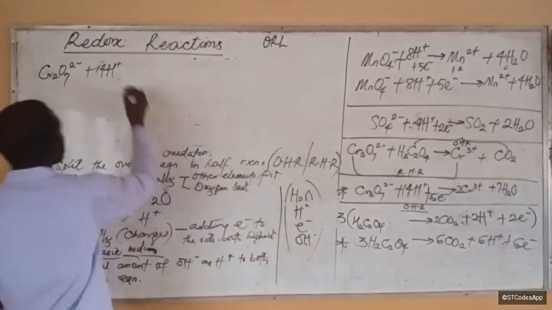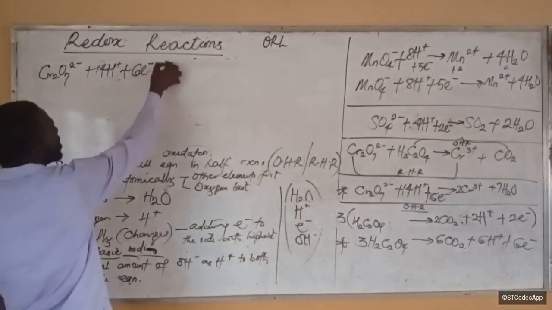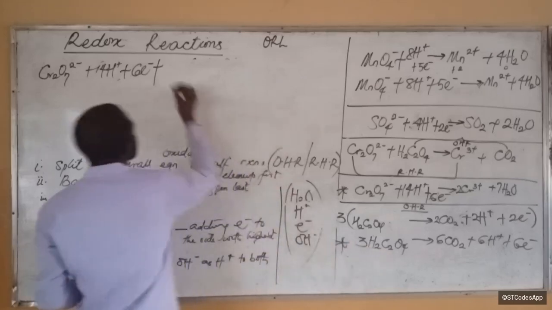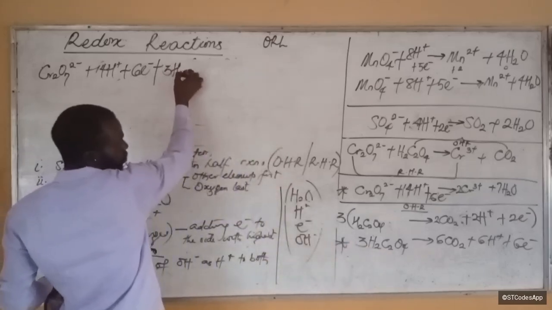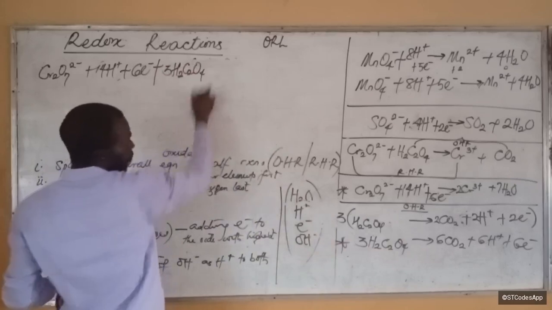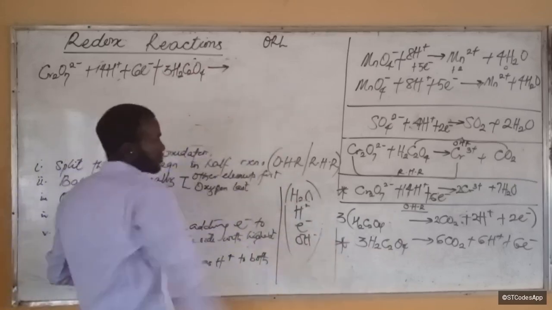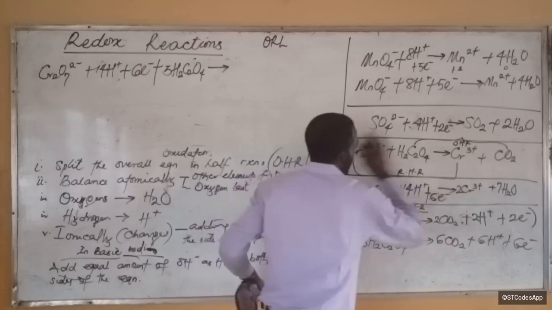So plus 48 plus, then plus 6 electrons, then plus this guy, 3H2C2O4. Makes sense? So we have finished the reactant side. Let's go to the product side.